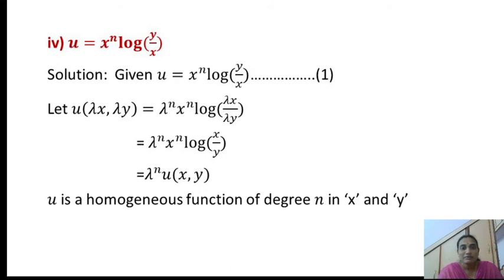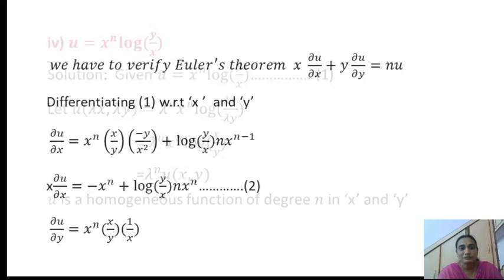Then which is equal to lambda to the power of n, x to the power of n log of x by y, where we know that x to the power of n log of x by y is the function u. Then it becomes lambda to the power of n u of x comma y. Hence, u is a homogeneous function of degree n in x and y.